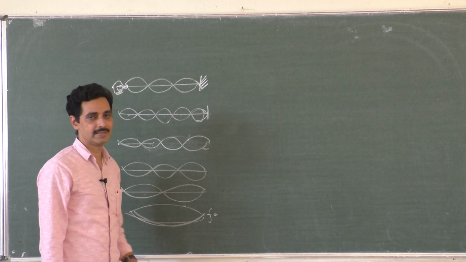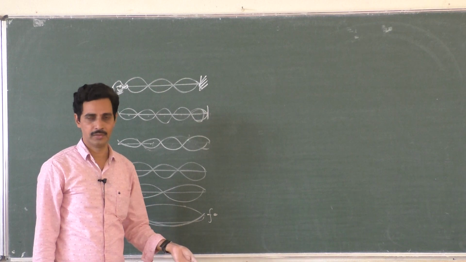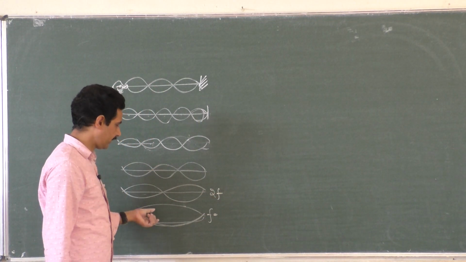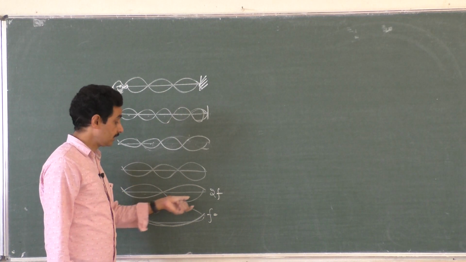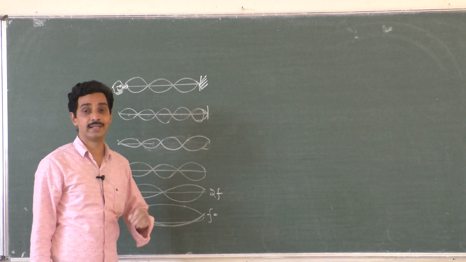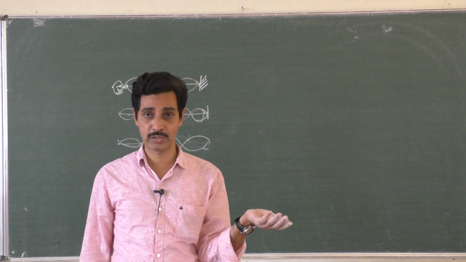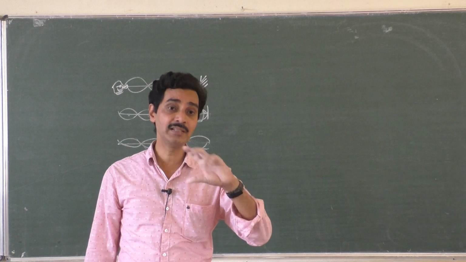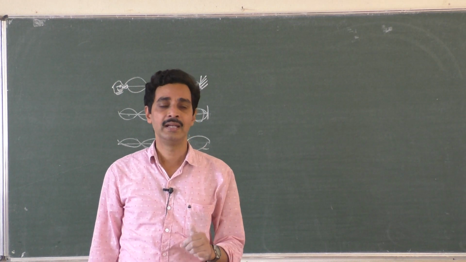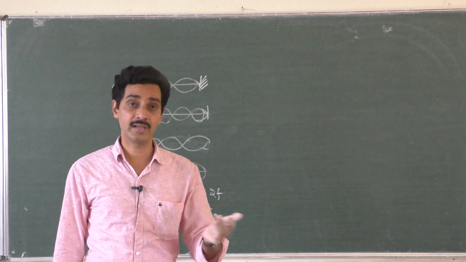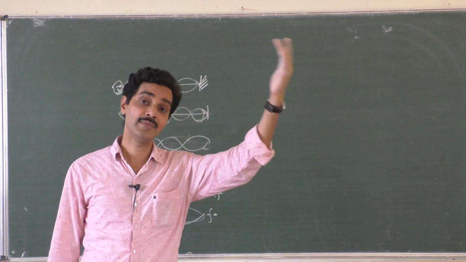The next higher frequency is called the first overtone. Which is the first overtone? 2F. If this is 5 Hertz, this will be 10 Hertz. This is 2 times the fundamental, so it is called the second harmonic. Any higher frequency is called an overtone. But if it is an exact multiple of the fundamental frequency, then it is called such and such a harmonic. How many times the fundamental? If it is 7 times the fundamental, it is the 7th harmonic.